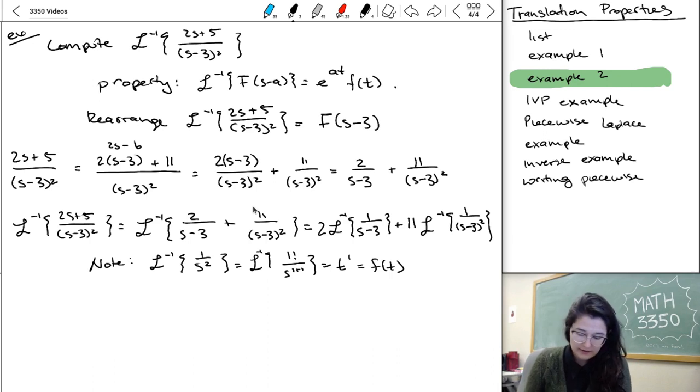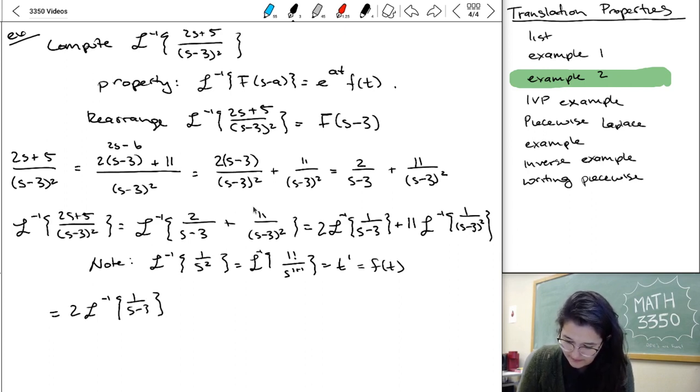So what I get out of this is going to be 2 L inverse of 1 over s minus 3 plus 11 L inverse of 1 factorial over (s minus 3) squared.